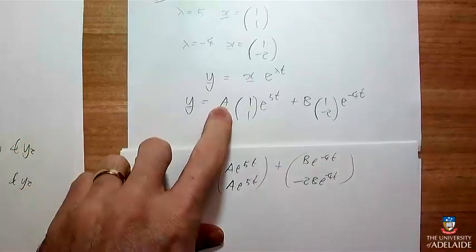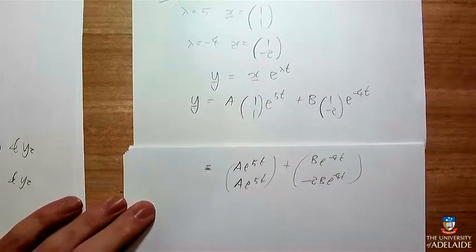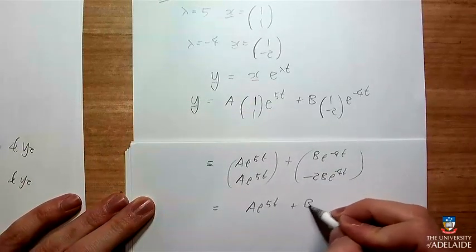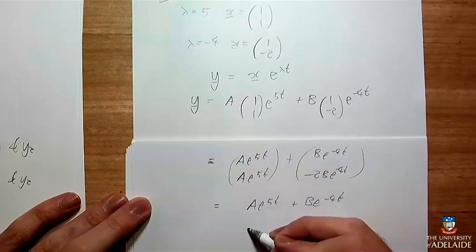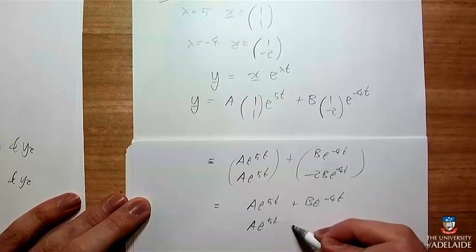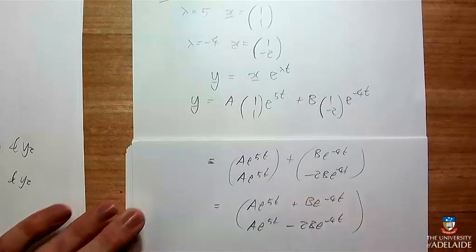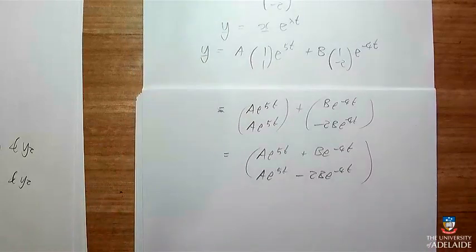So I can multiply that a in and that e to the 5t in. And that's what's really happening. Y is equal to this vector.